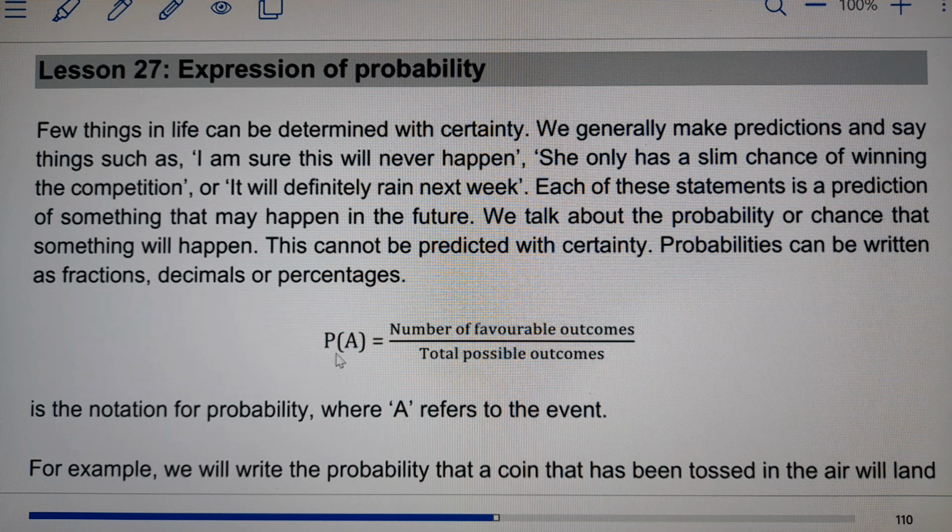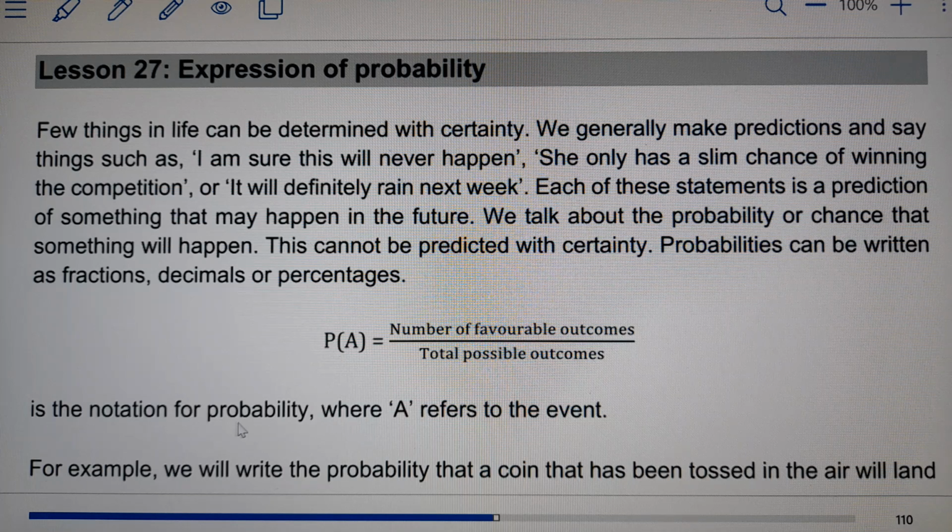So probability of event A happening is equal to the number of favorable outcomes, which are the positive outcomes, divided by the total possible outcomes. This is how we express probability, or this is the formula or the equation for probability. Probability of event A happening is the number of favorable outcomes divided by the total possible outcomes.